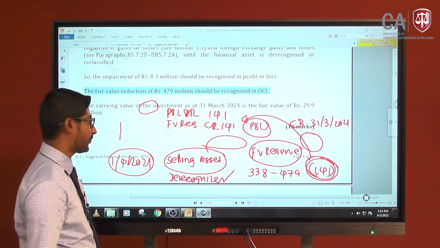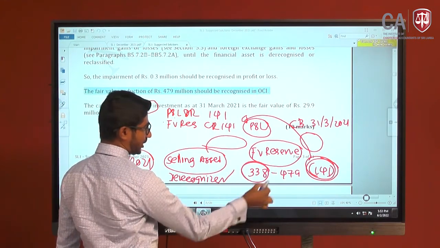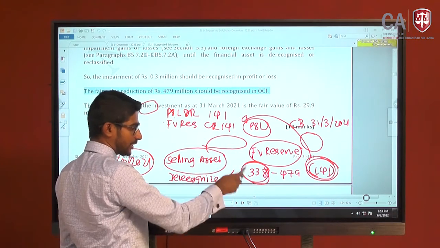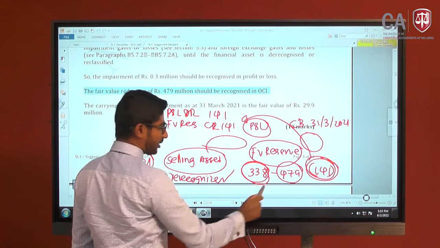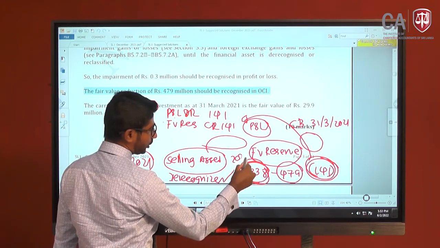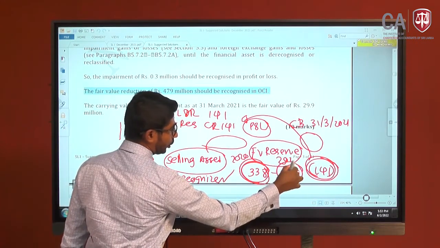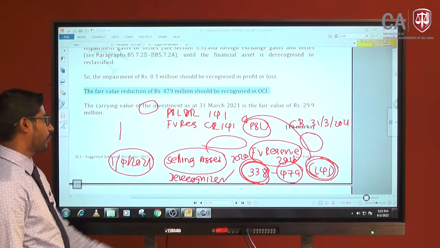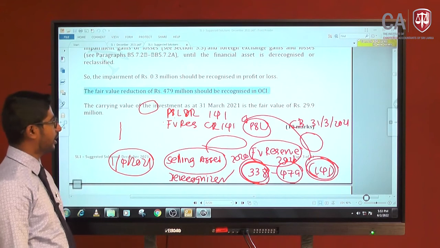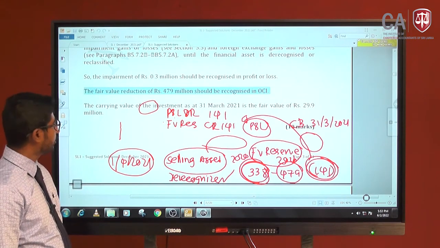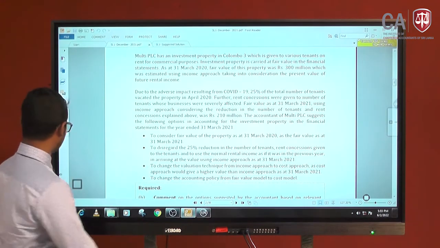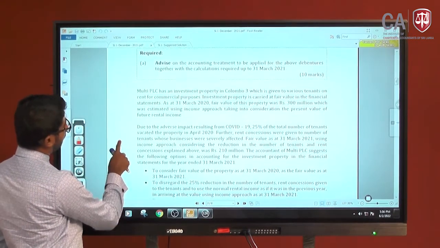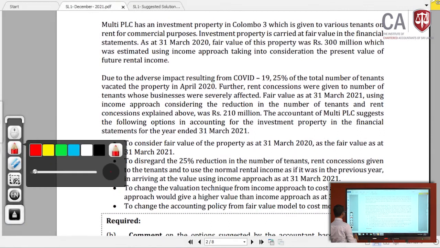How did this 141 come? Because in the first year, 31st March 2020, we had a fair value gain of 338, and in 2021 we had a loss of 479, and that is how the 141 came. So that is done.